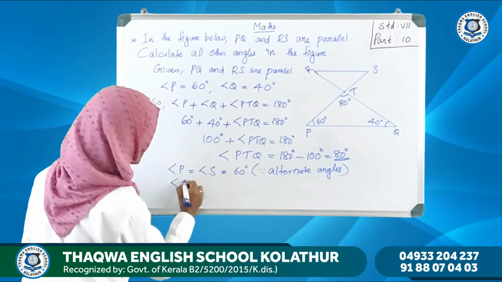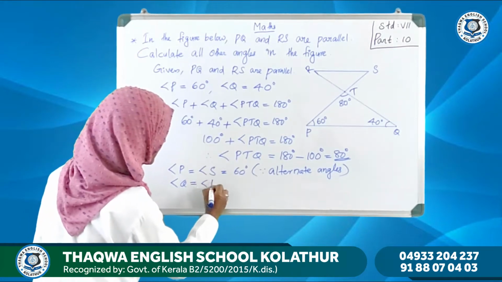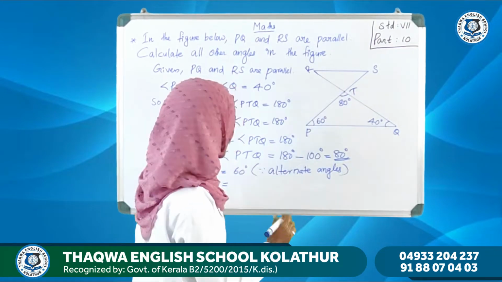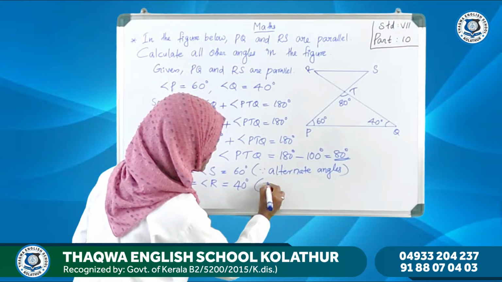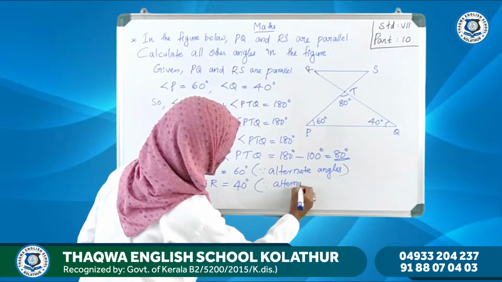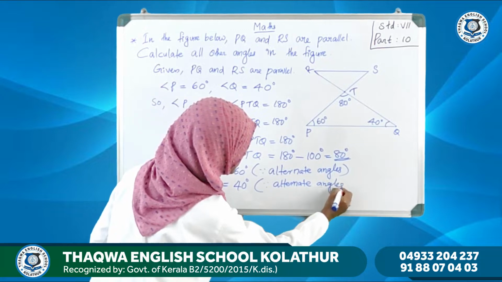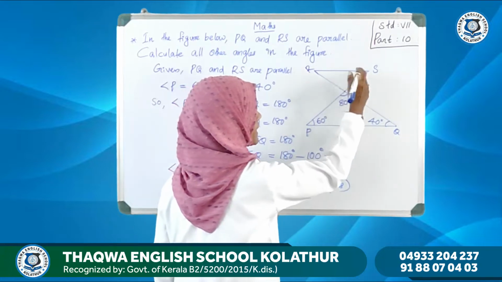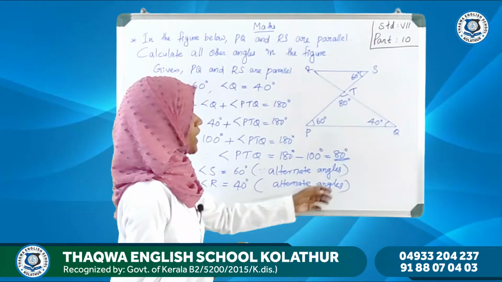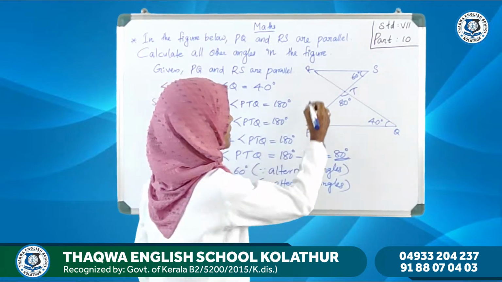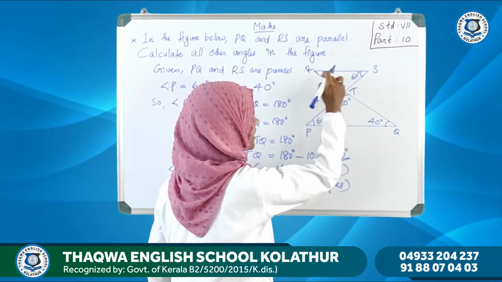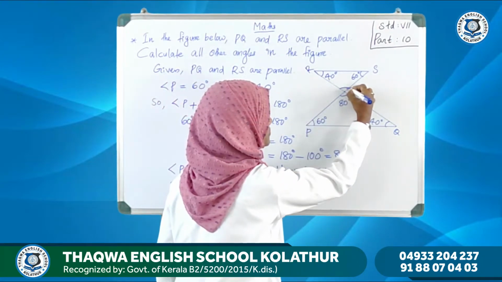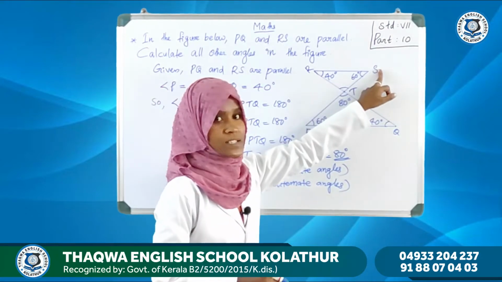Similarly, angle Q equals angle R equals 40 degree. This is also alternate angles. Now what is this angle, angle RTS?